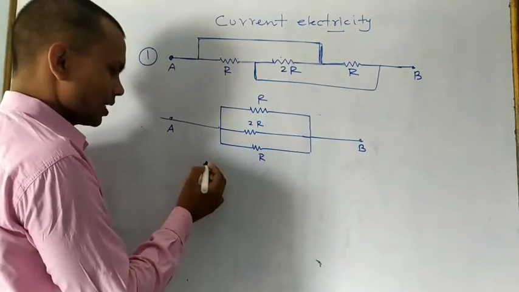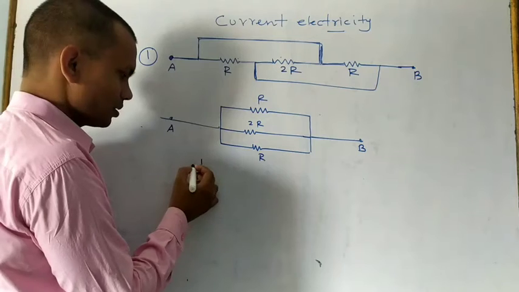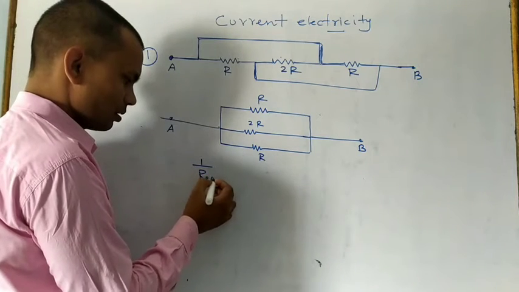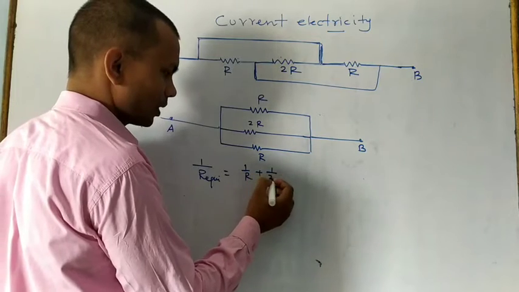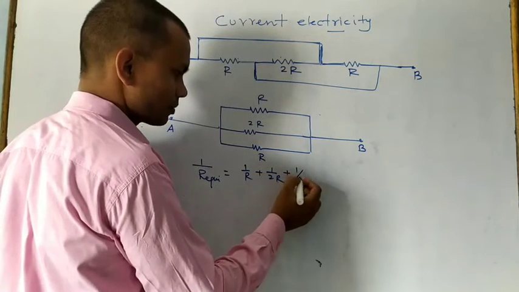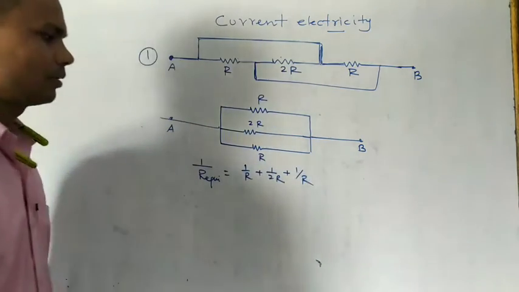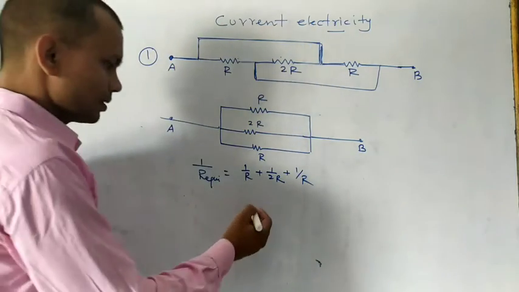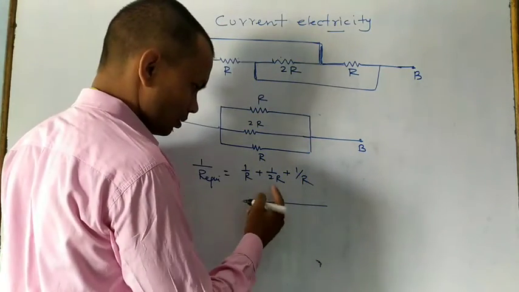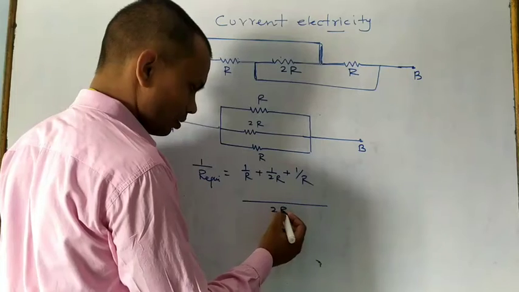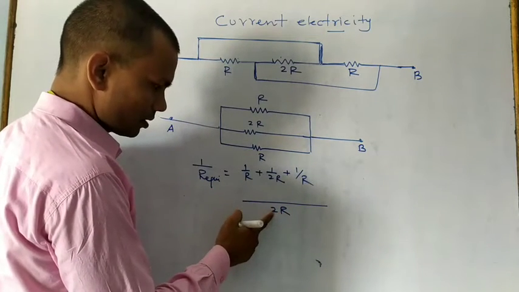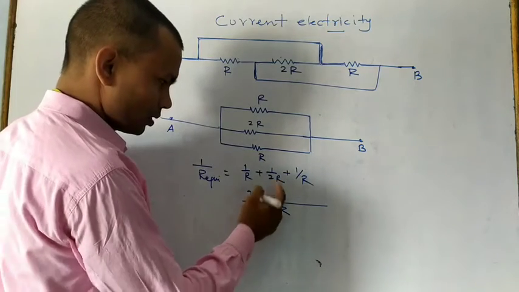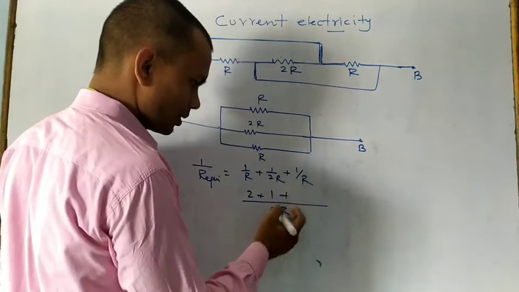So the equivalent resistance of this network, suppose this is R equivalent, so this is 1 upon R plus 1 upon 2R, plus R. When we take the LCM, here this is 2R, and this R cancels, this is 2, this is 1, and then this is 2.